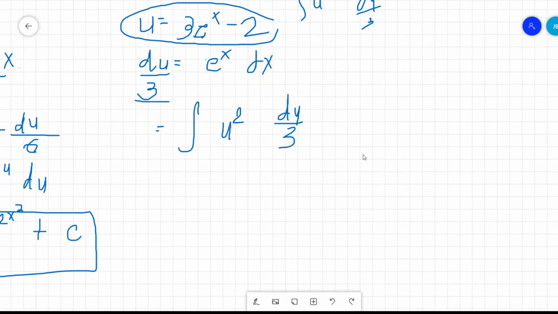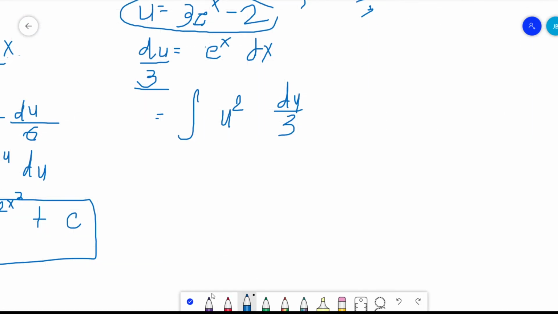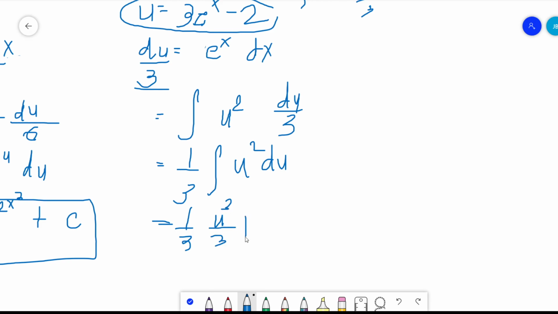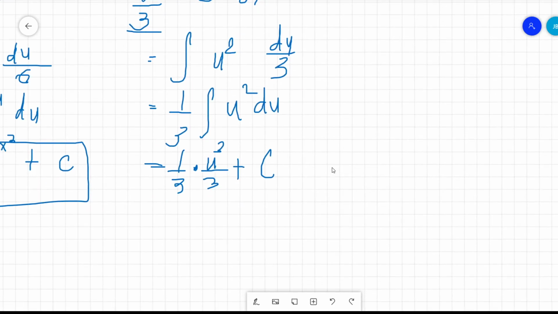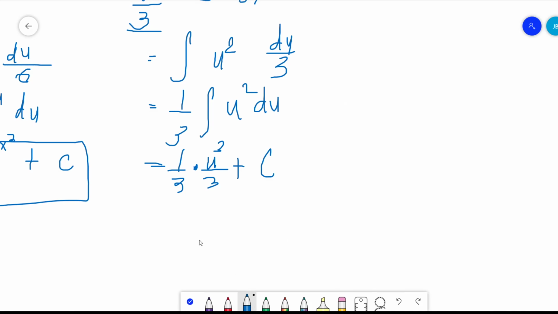Then the constant will be outside. So that's 1/3 integral of u squared du equals 1/3 times u cubed over 3 plus c.